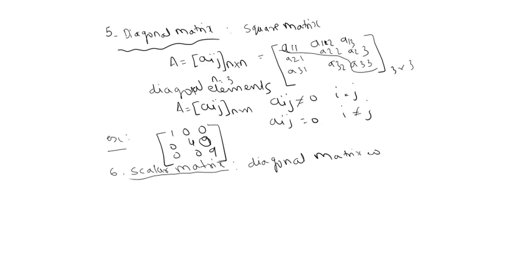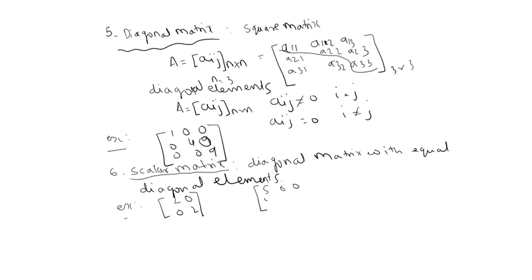For example, 2 0 0 2 is a scalar matrix. Next, 5 0 0, 0 5 0, 0 0 5.